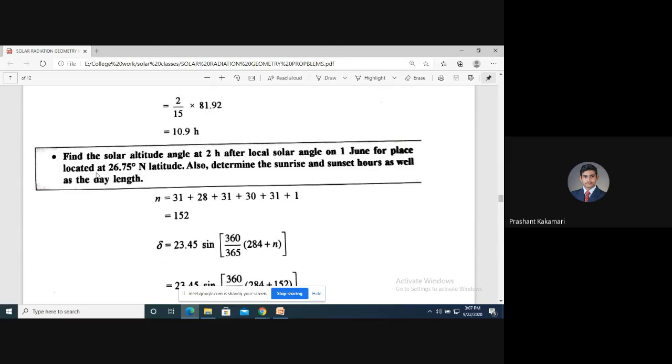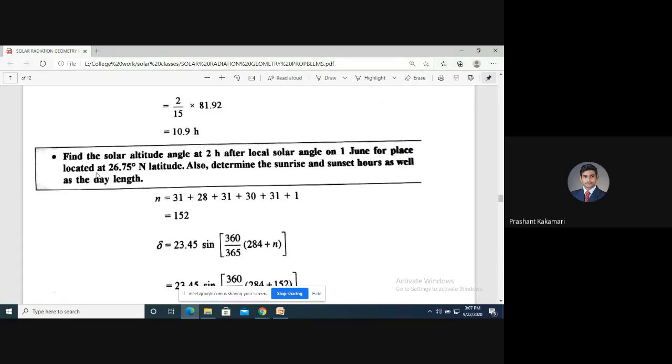Find the solar altitude angle alpha at 2 hours after local solar angle on 1st June for a place located at 26.75 degree north latitude. So the latitude angle is given.